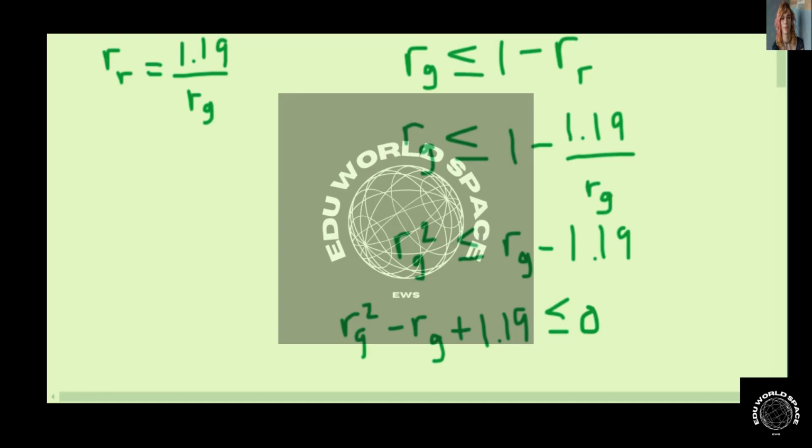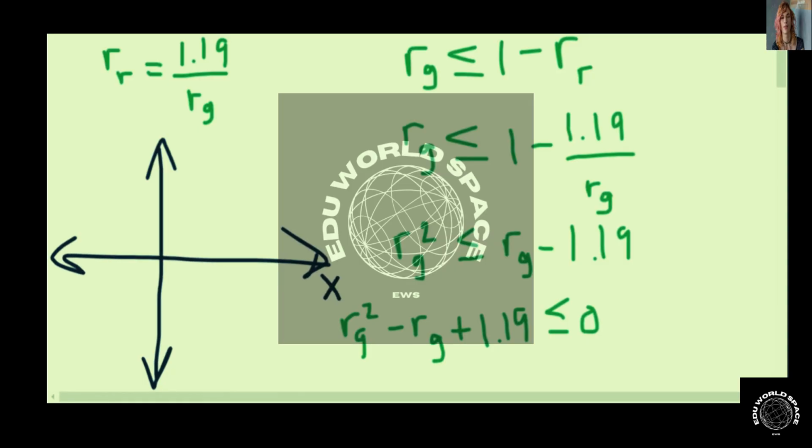All right, so I'm going to go to the graphing calculator and graph this. X squared minus X plus 1.19. I'm going to write Y equals. And I'm going to make my X axis go from negative 10 to 10, and the Y axis negative 10 to 10. Oh my goodness. Come on.